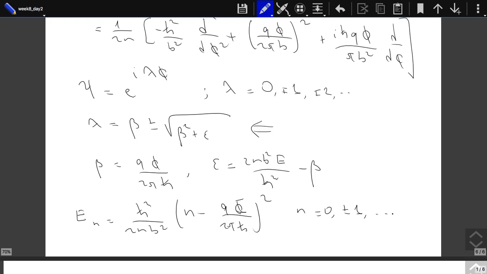It only depends on phi, which is the total flux. So again, the result is still gauge invariant, although the energy levels depend on the vector potential being non-zero.